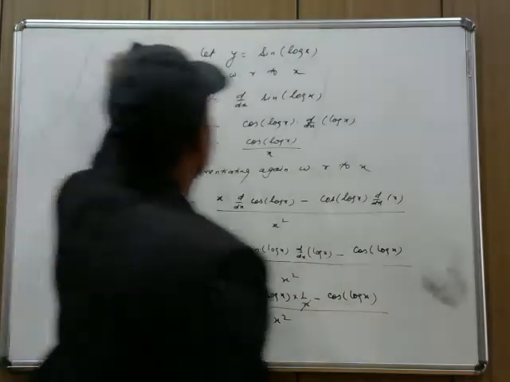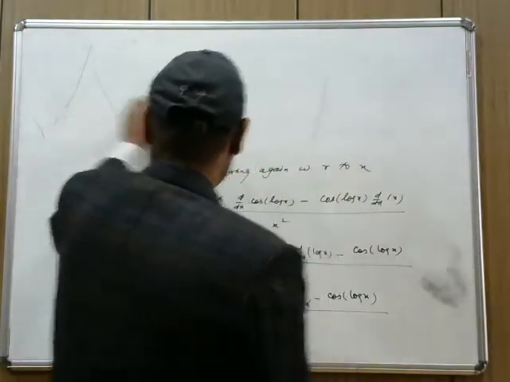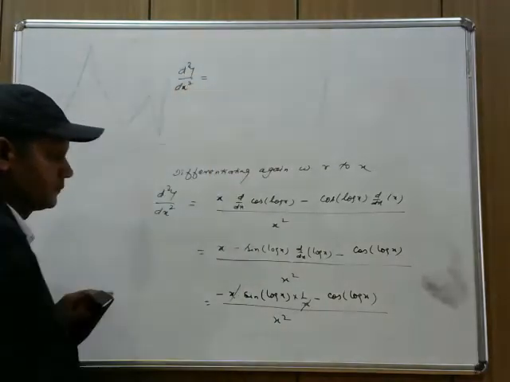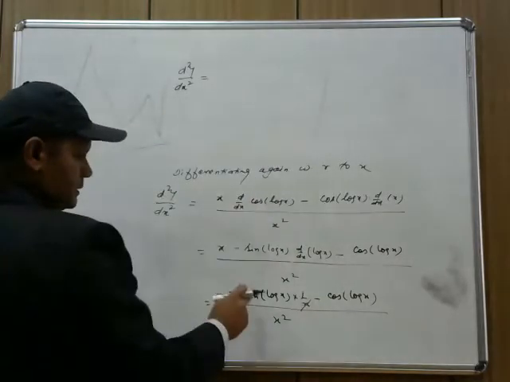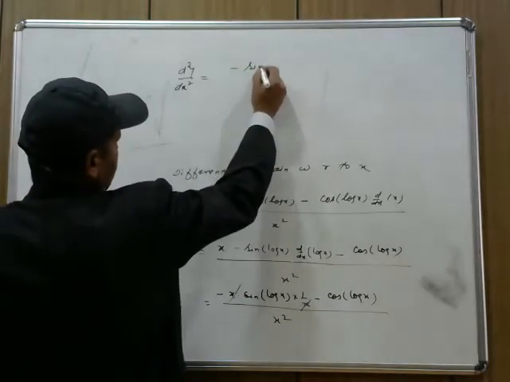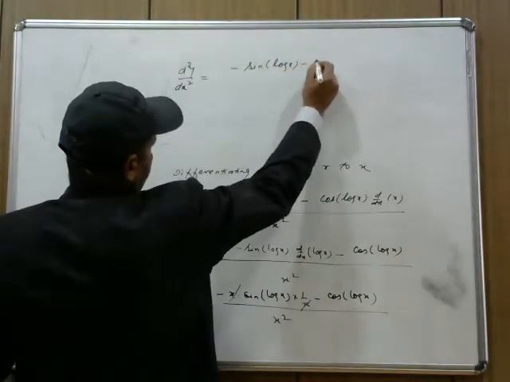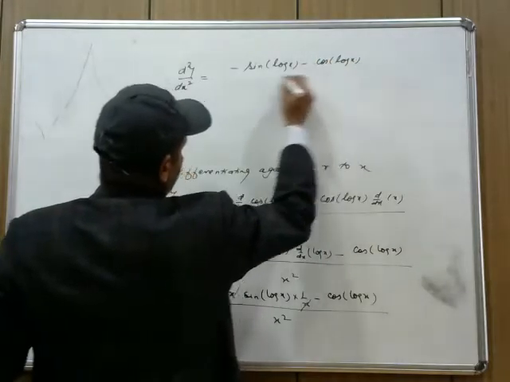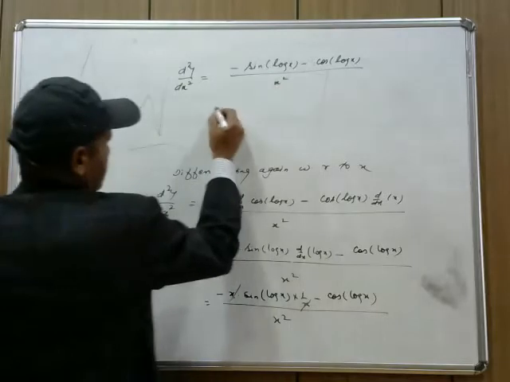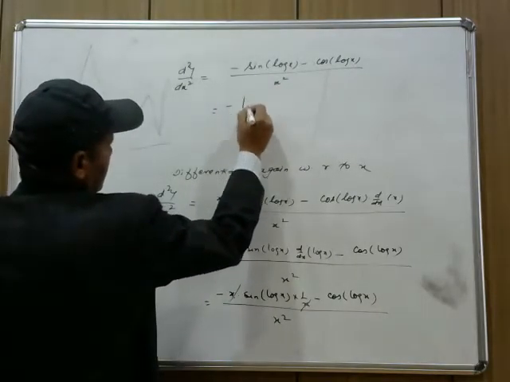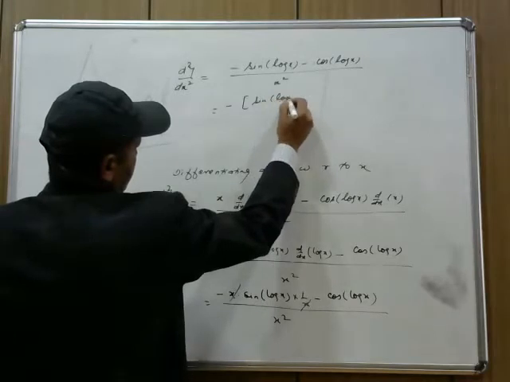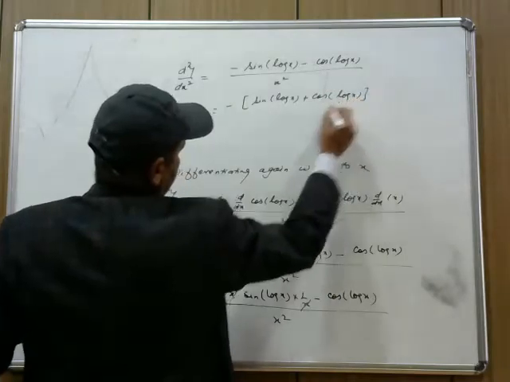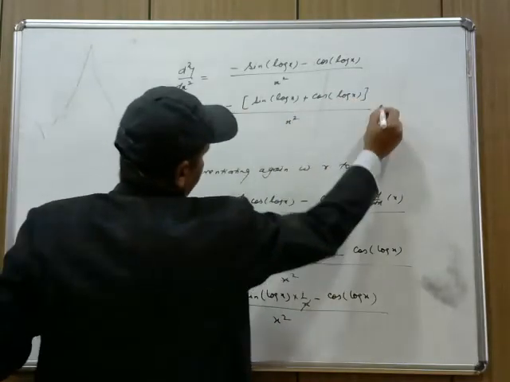Therefore, d2y by dx square is equal to minus sin log x minus cos log x, whole divided by x square, which I can write as minus sin log x plus cos log x, whole divided by x square.